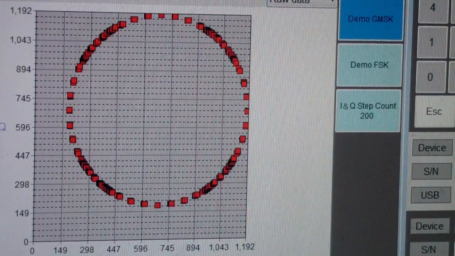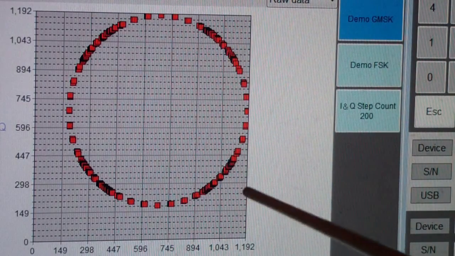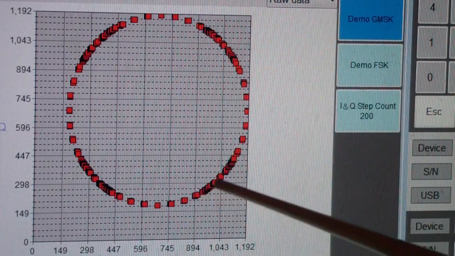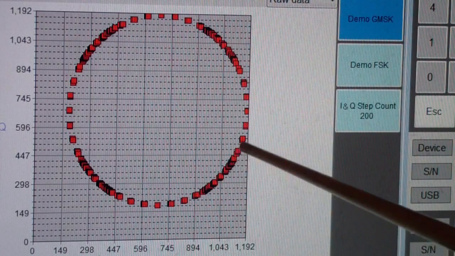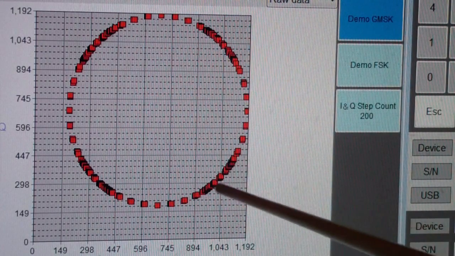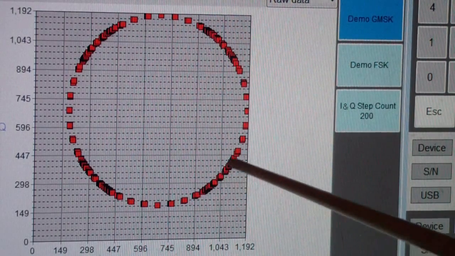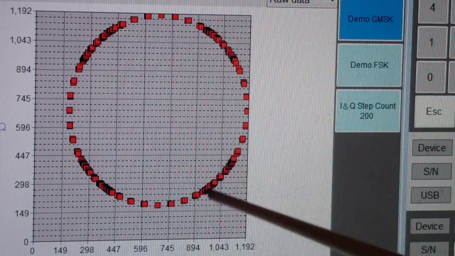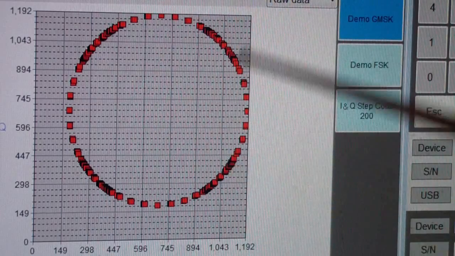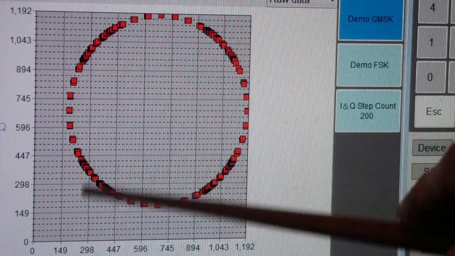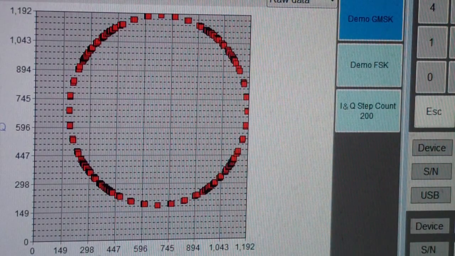Notice now that, as we pointed out earlier, the symbols that are transmitted statistically are grouped in these 45-degree quadrants. That is, around this point, you see most of the symbols are in this quadrant, or around this 45-degree point, here and here.